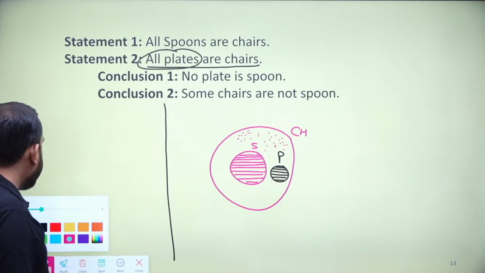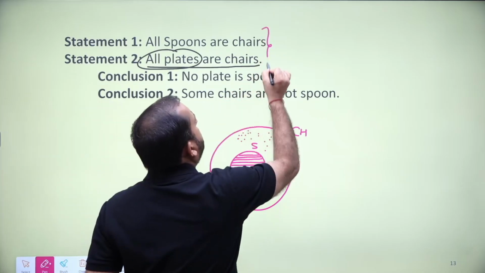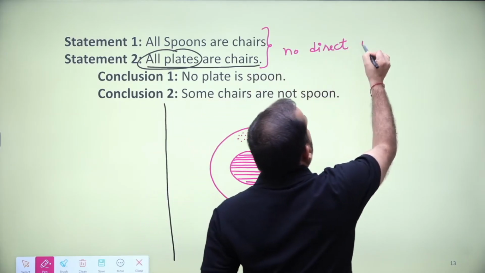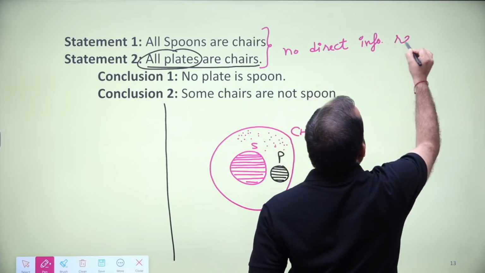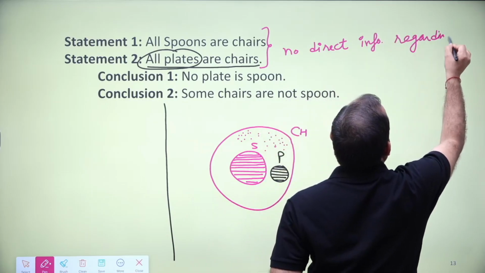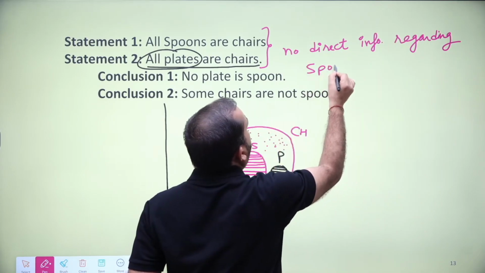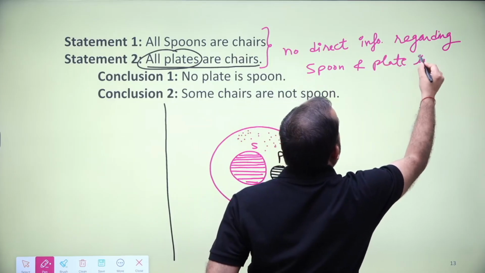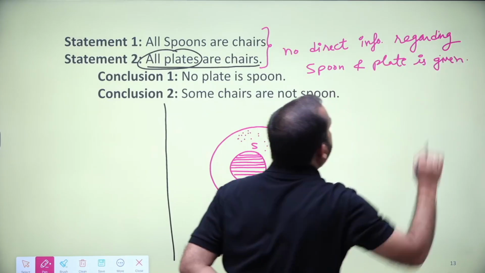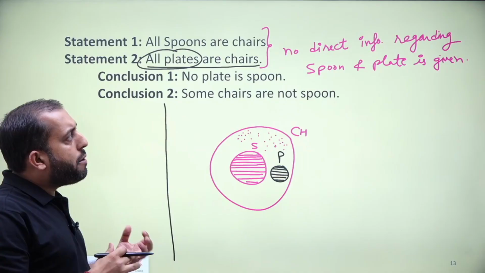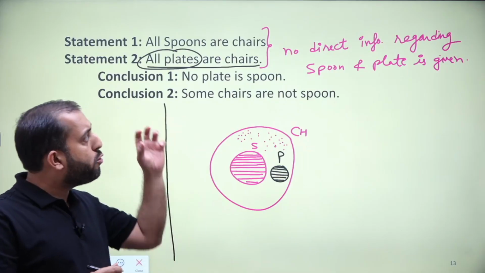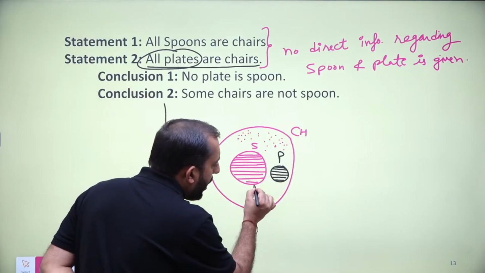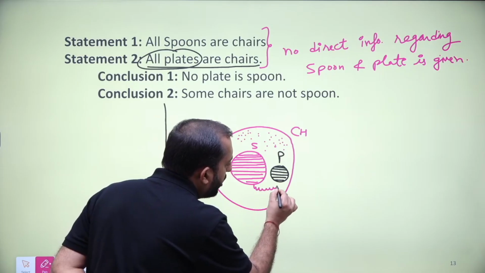You need to draw spoon and plate separately, because in these two statements, no direct information regarding spoon and plate is given. So since no direct information between spoon and plate is given, you will draw spoon and plate separately like this, and then join them with the help of a doubt line.